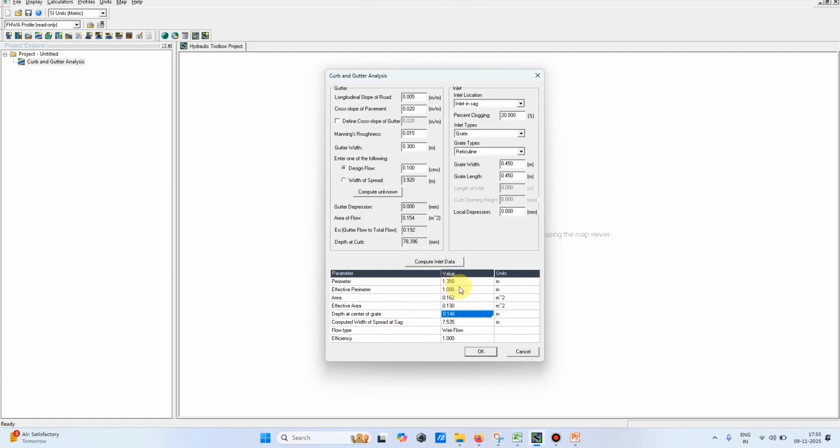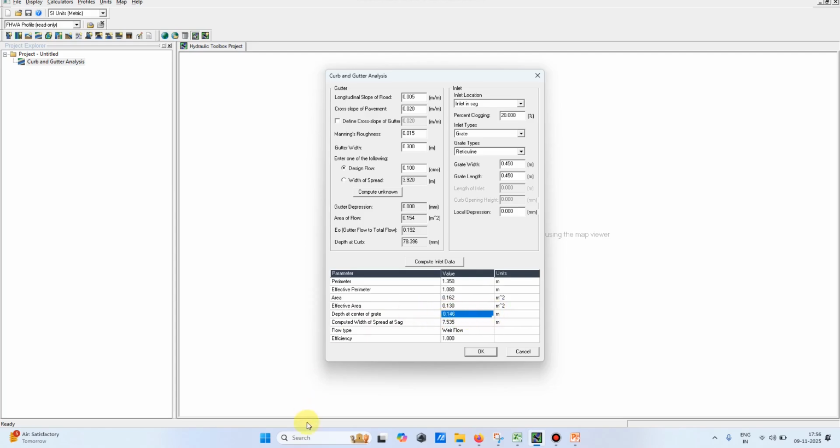Now what I can see is the area we have computed, and the depth at the center of the grate. It is slightly on the higher side.